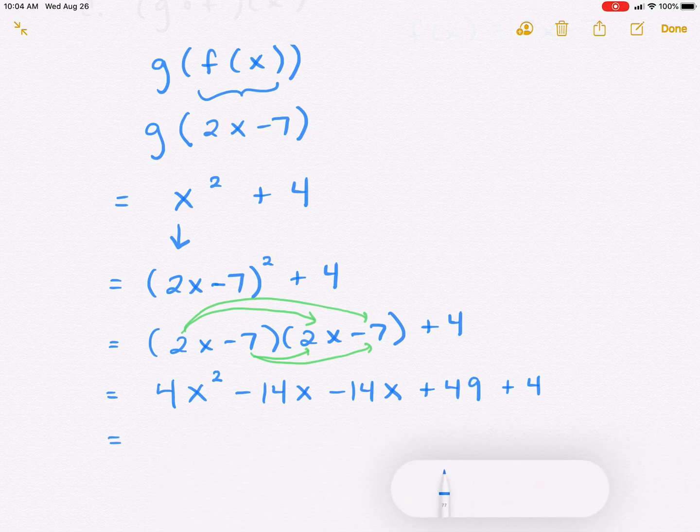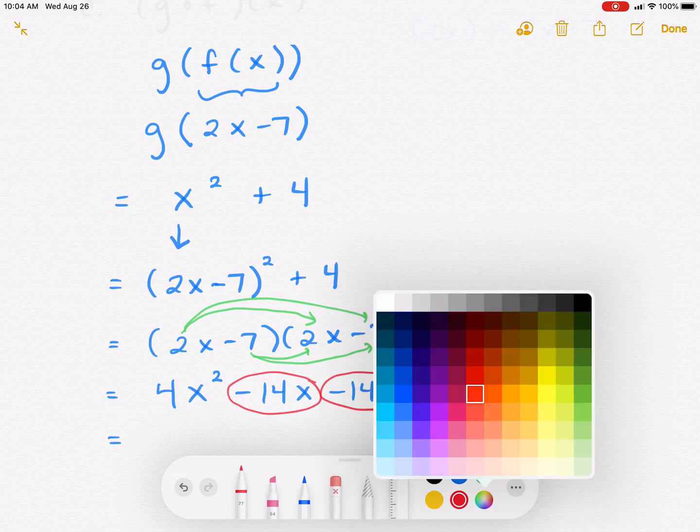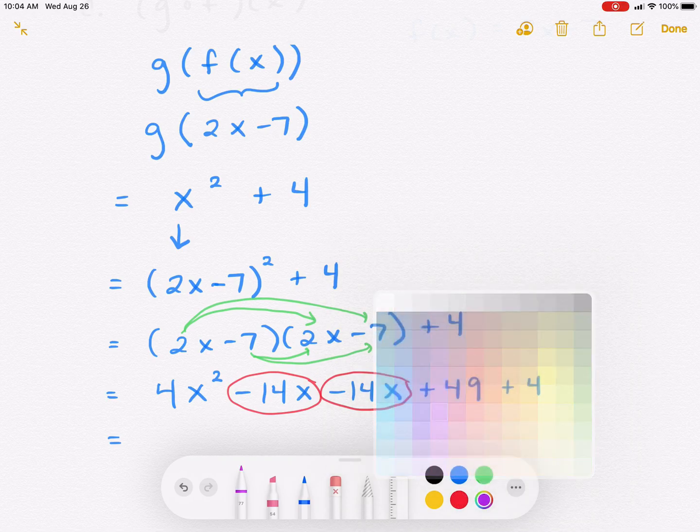So if we combine like terms, I have different like terms. I've got my negative 14x and my negative 14x. And then I can also see that I have this 49 and this 4.